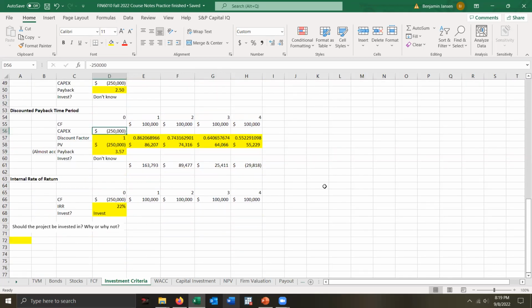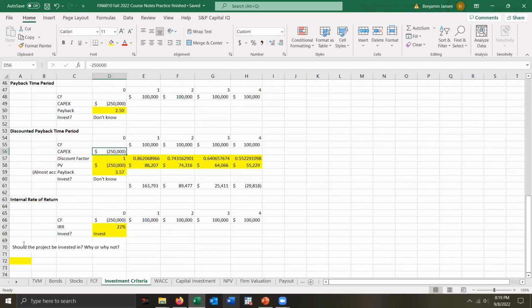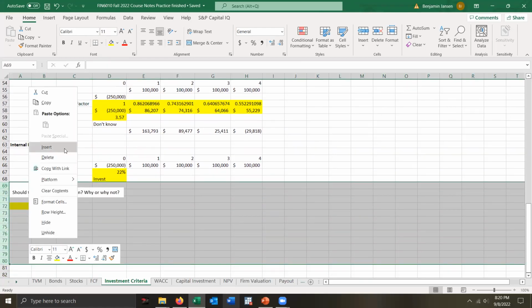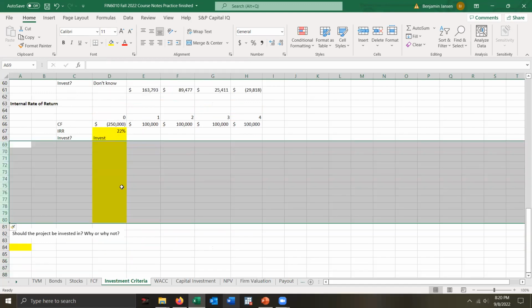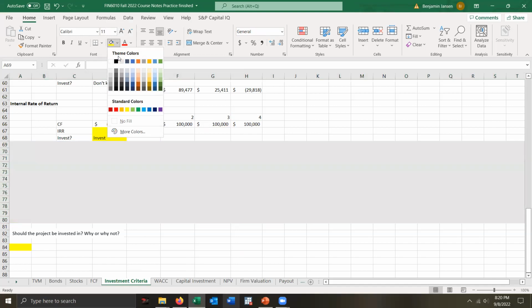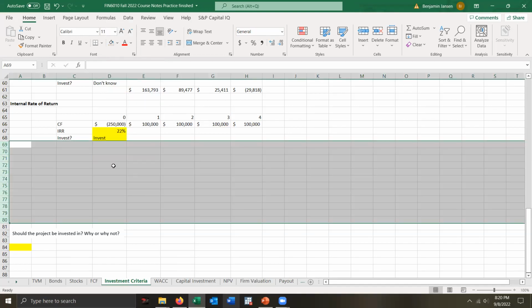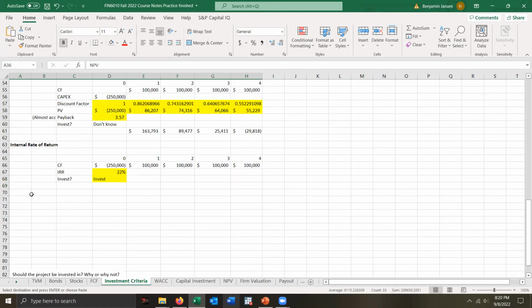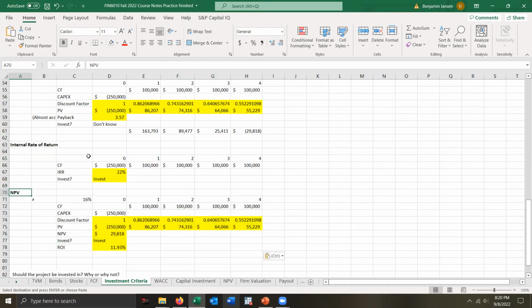All right, so we have our internal rate of return. Oh, I forgot to include profitability index. So let's just copy that down. Profitability index.